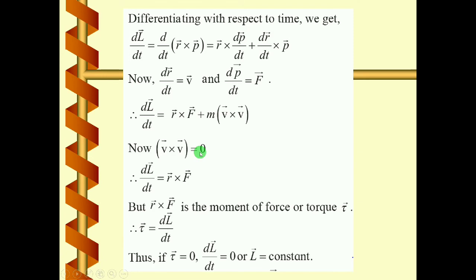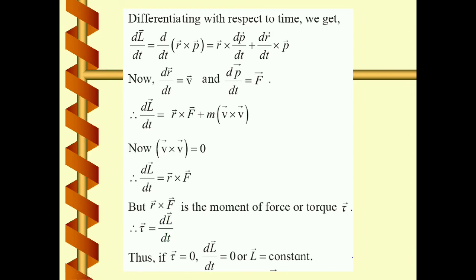This is a property of the vector product. We already discussed this topic earlier in 11th standard. So we get dL by dt equal to r cross F, because the second term becomes 0, and r cross F, according to the definition, is nothing but torque. So tau equals dL by dt.